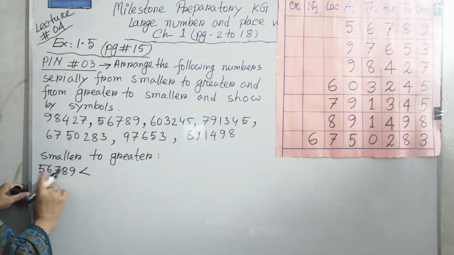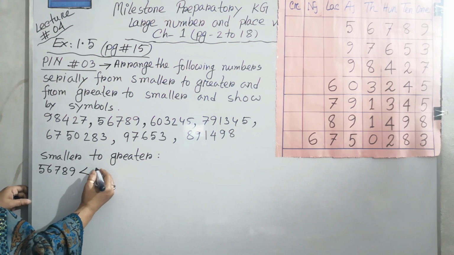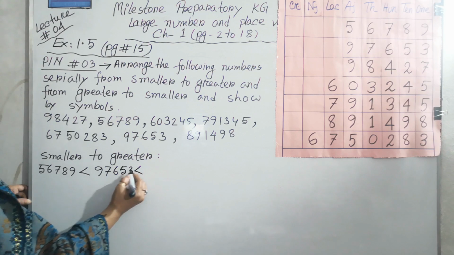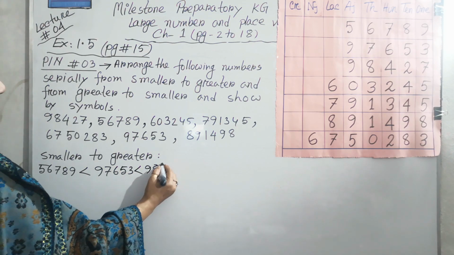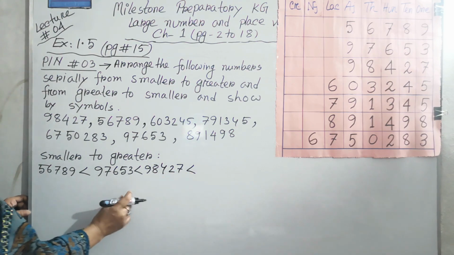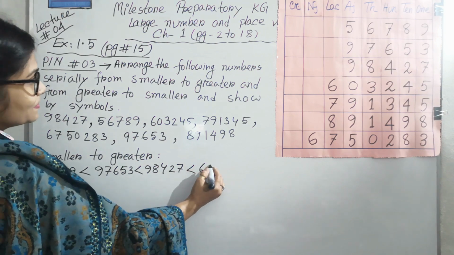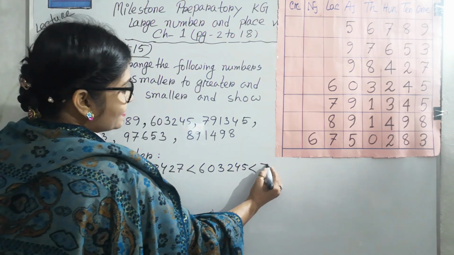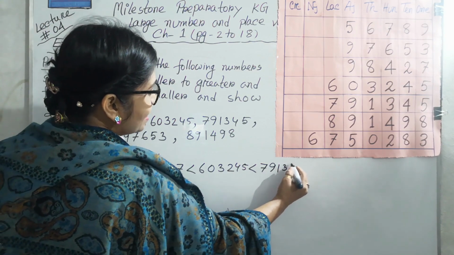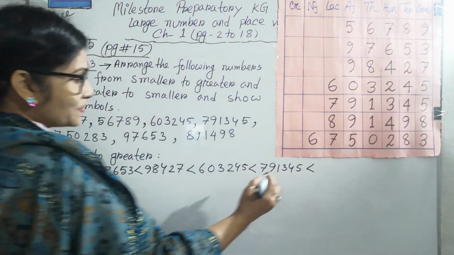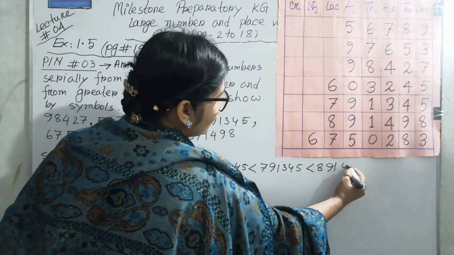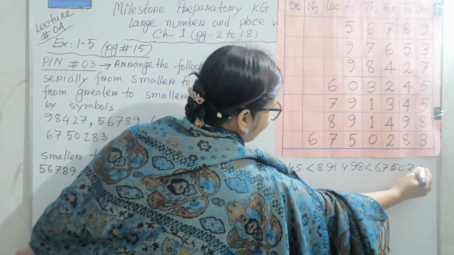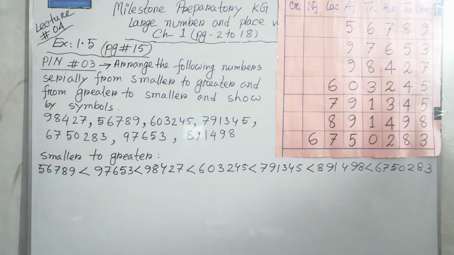This is the smaller sign, okay. 56,789 is smaller than 97,653, then 98,427, after that 6,03,245, then 7,91,345, after that 8,91,498, and at last 67,50,283. Clear?